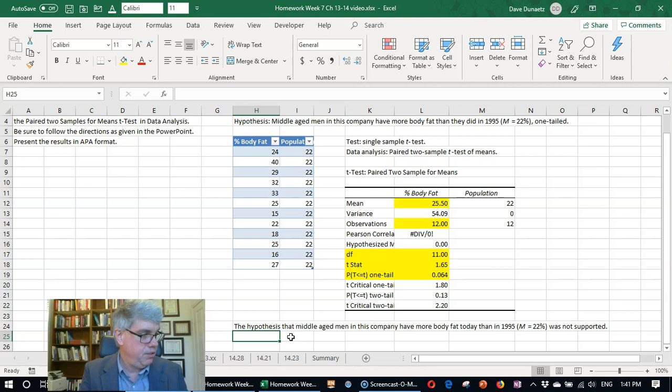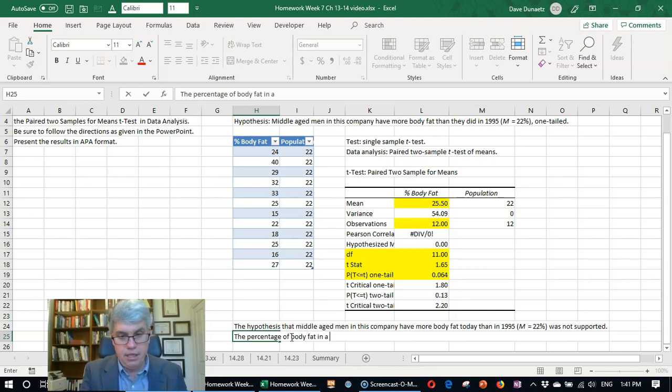Next line I'm going to put the percentage of body fat in a sample. We can say n equals 12. The n goes in italics. We put spaces before and after the equal sign. Okay, the percentage of body fat in a sample of n equals 12 was not significantly different than past measurements.